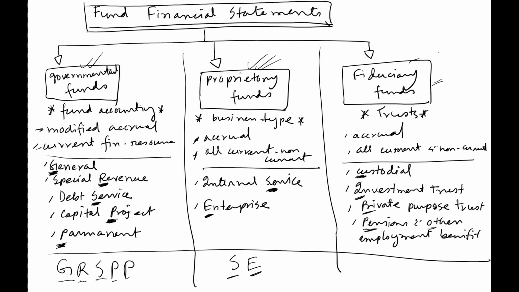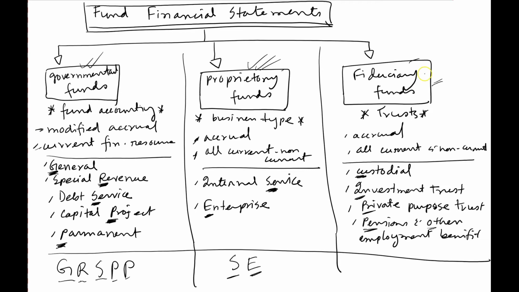For proprietary funds, they will also prepare the statement of revenues, expenses, and changes in net position. First they show operating revenues and subtract operating expenses, then list non-operating revenues and subtract non-operating expenses, and this is how they show the net change in net position.